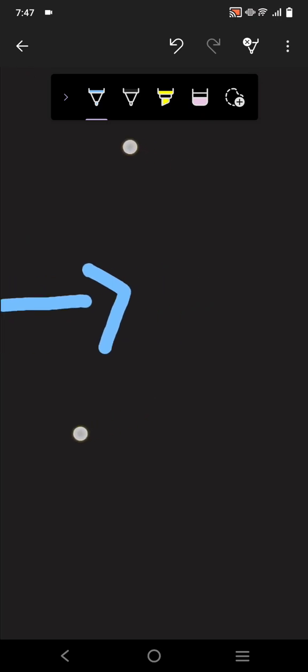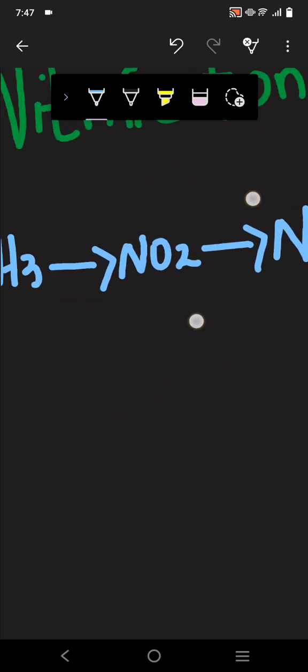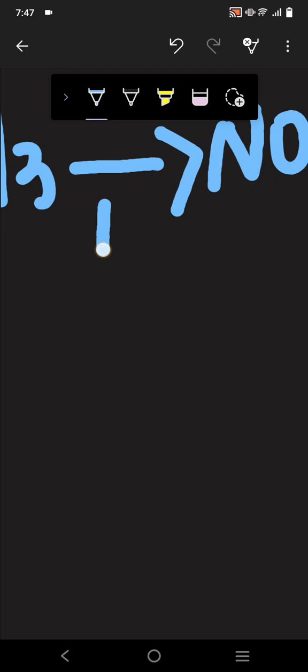NH3, ammonia, is now converted into nitrite, NO2. Then nitrite is converted into the useful form, that is nitrate, and that we have in our body. For this process, bacteria work.